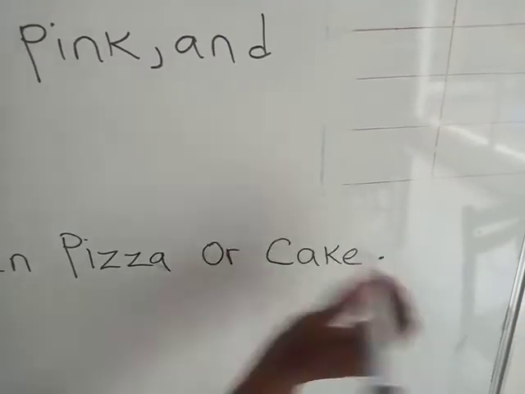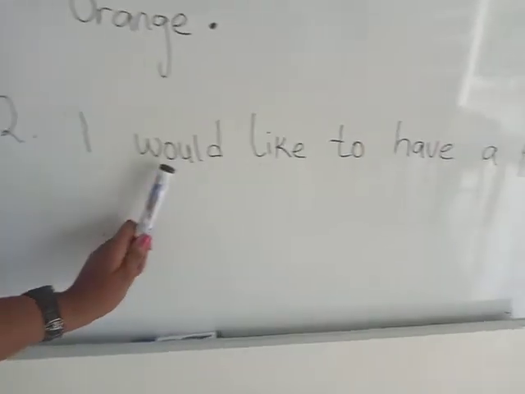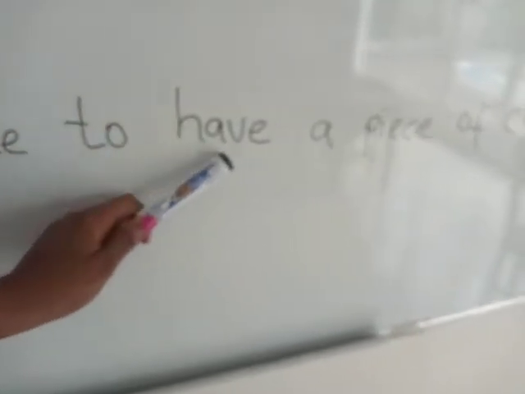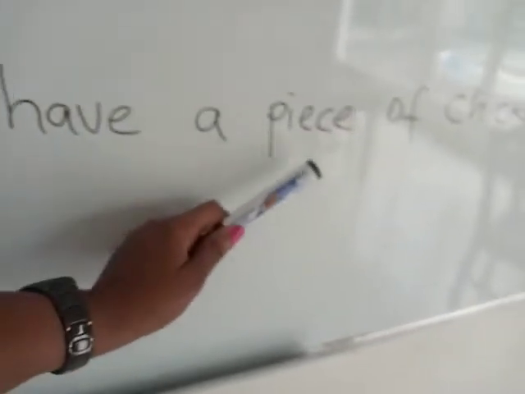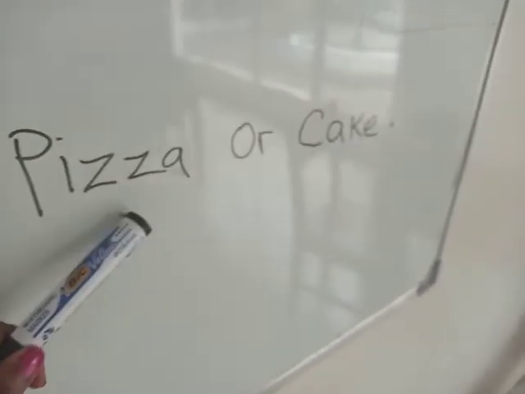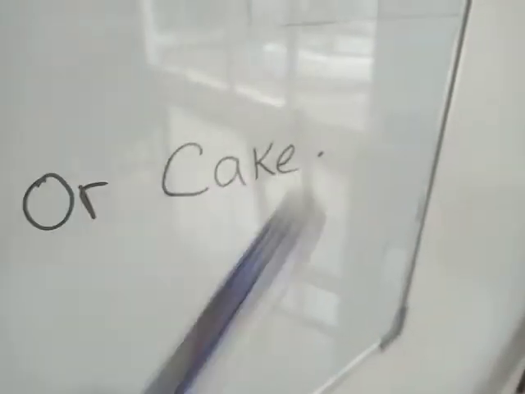Of course, we put a period at the end. So let's read it together. I would like to have a piece of chicken, pizza, or cake.